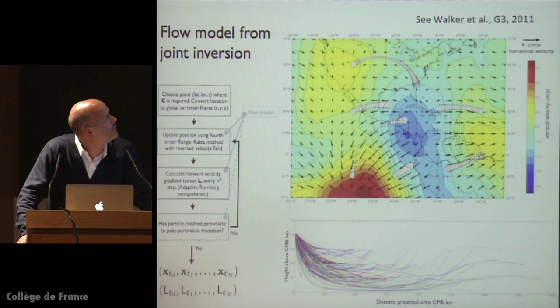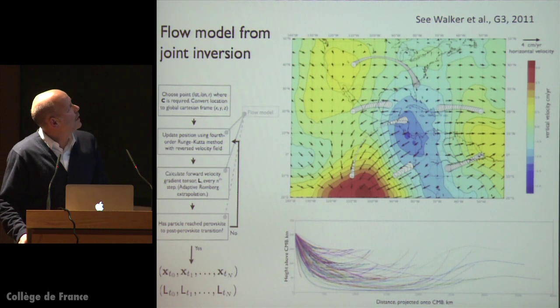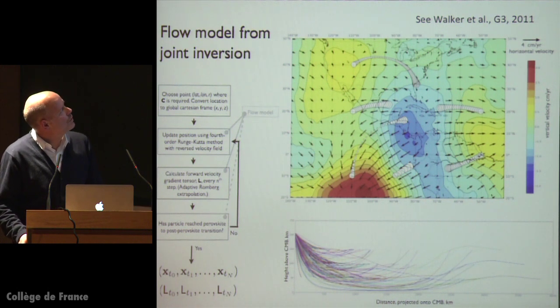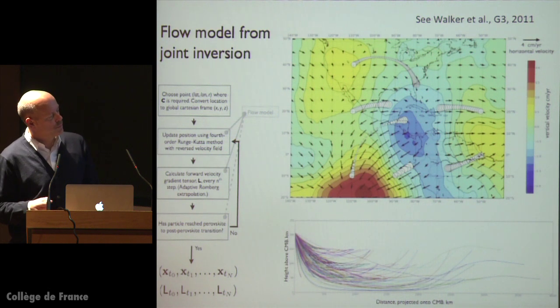I won't go into this in too much detail. This is published in a paper by Andrew Walker and co-workers. Essentially, as I said, we choose a point, latitude and longitude, where we'd like to know what the elastic constants are, and then we back project along the particle trajectories using a numerical integration, and then we do a viscoplastic calculation along each one of those points.